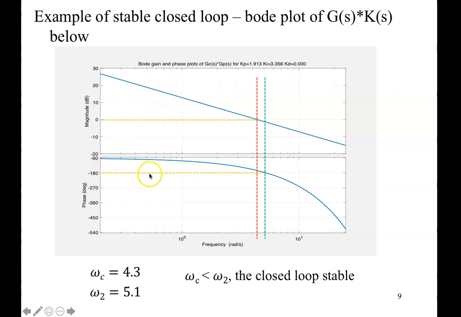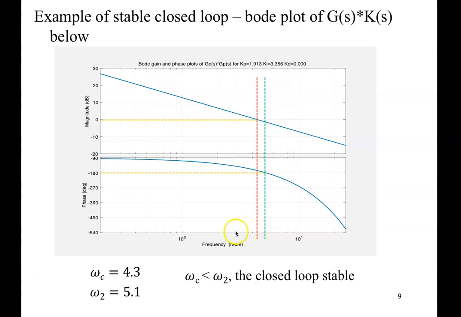Draw a dotted line across until you see it intersects with your phase plot. Then you draw a vertical line and you can identify the frequency. This time, this is indicated by the green line here. So it's 1, 2, 3, 4, 5, a little bit over 5, say it's 5.1.